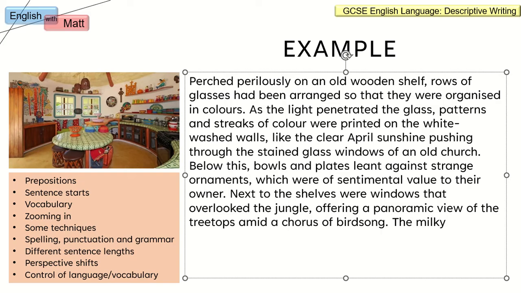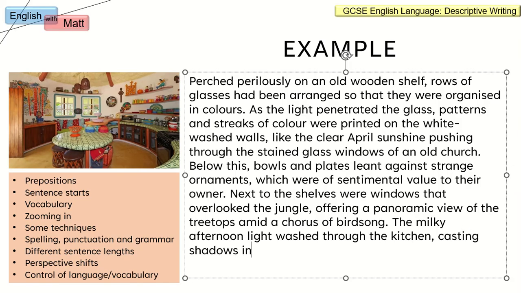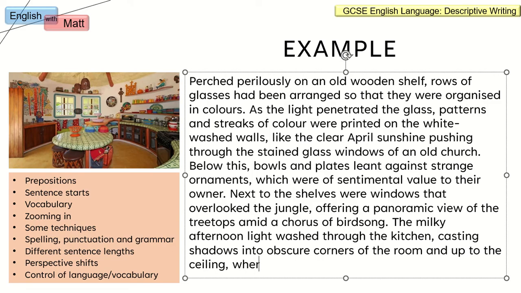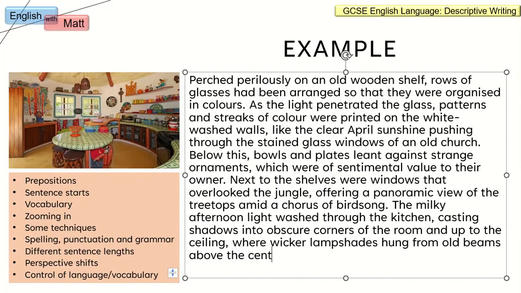The milky afternoon light washed through the kitchen, comma, casting shadows into obscure corners of the room and up to the ceiling, where wicker lampshades hung from old beams above the central island.